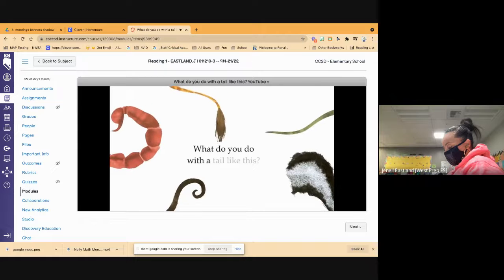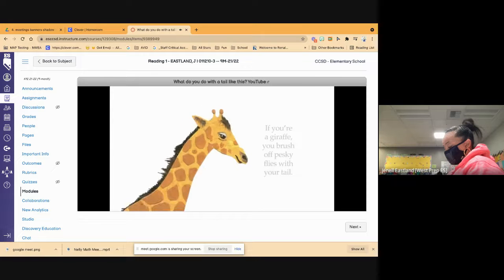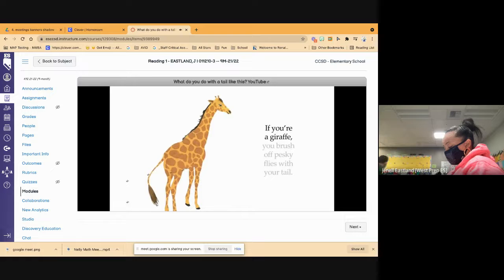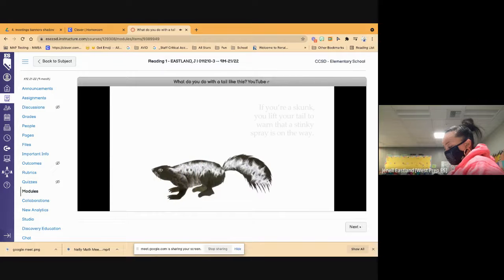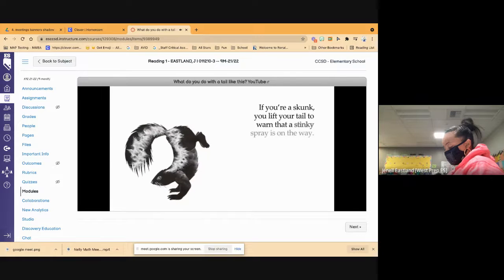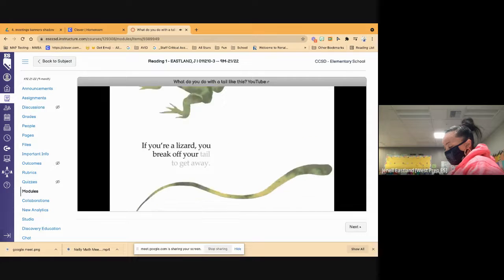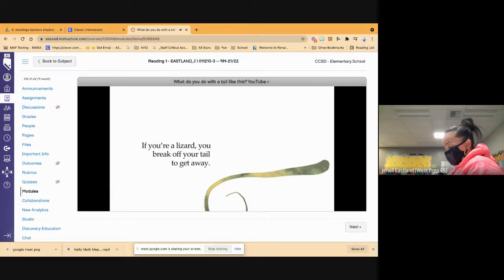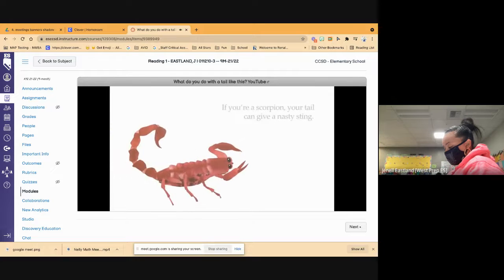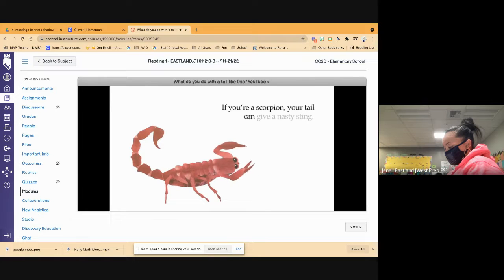What do you do with a tail like this? If you're a giraffe, you brush off pesky flies with your tail. If you're a skunk, you lift your tail to warn that a stinky spray is on the way. If you're a lizard, you break off your tail to get away. If you're a scorpion, your tail can give a nasty sting.